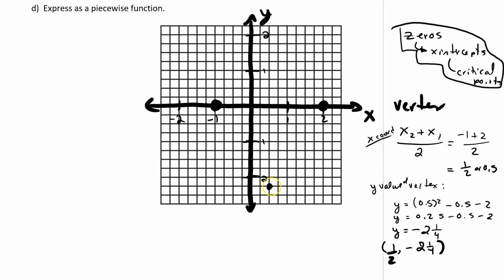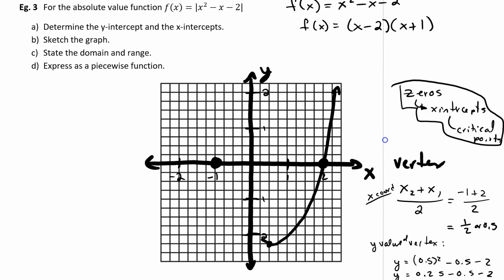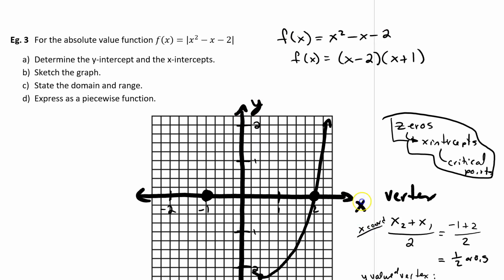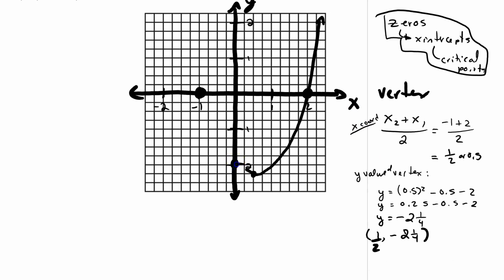If I were to draw this parabola, it would look something like this. And actually, if I put 0 in for x to find my y-intercept, it's going to be at negative 2, so we know that it actually does cross that 2. Like this.